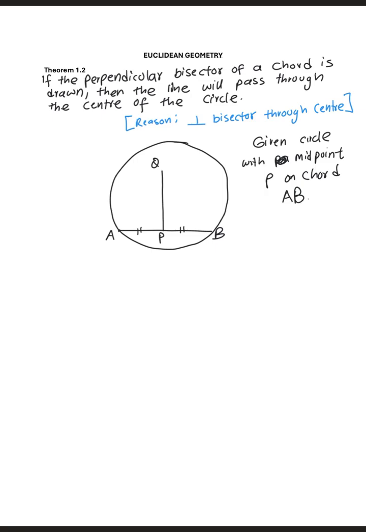So we want to prove this theorem, and the other part that we are given is that it's a perpendicular bisector.